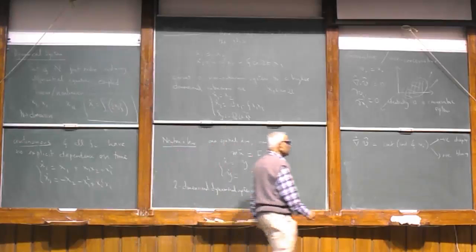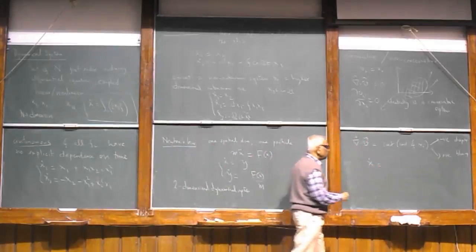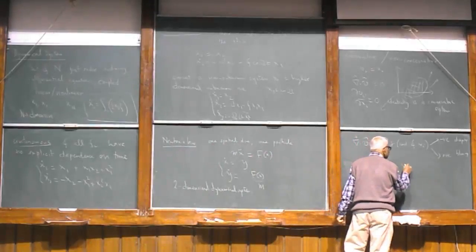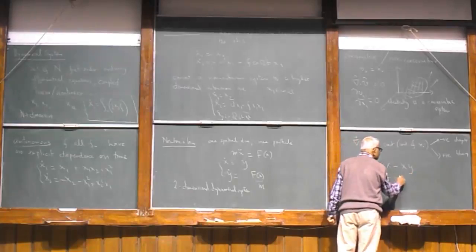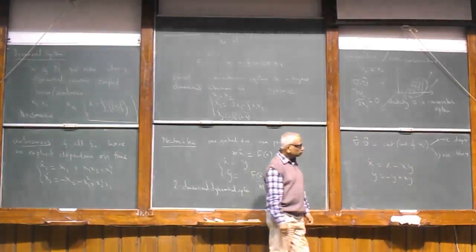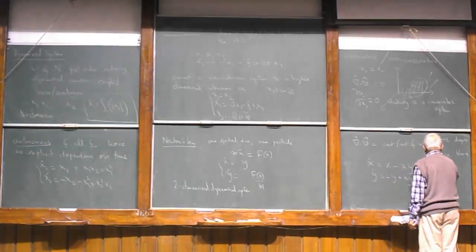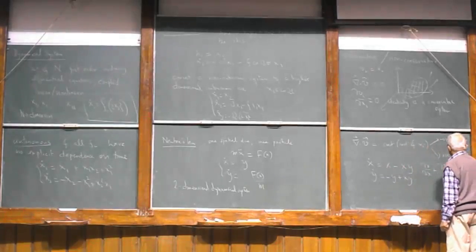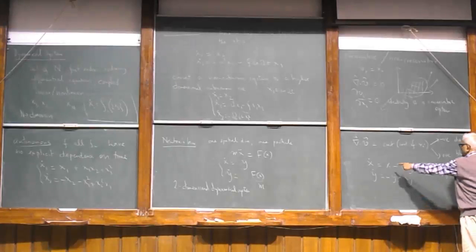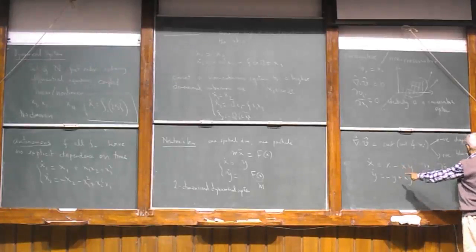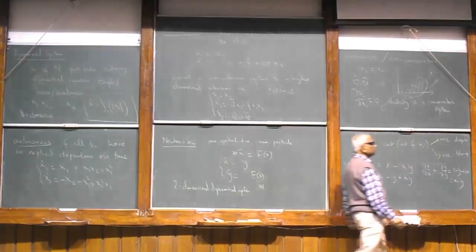For example, the situation which we discussed qualitatively yesterday, that x dot is equal to x minus xy, y dot is equal to minus y plus xy. If you calculate the divergence del x dot del x plus del y dot del y, then that's equal to 1 minus y minus 1 plus x, which is equal to x minus y.